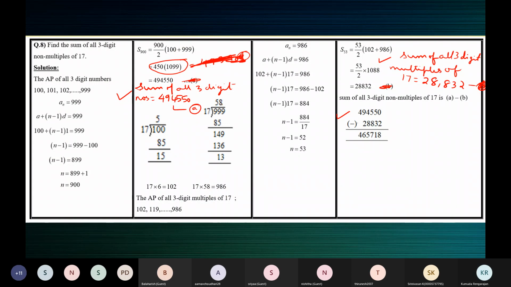Good, Tirunesh. Okay, good, Arnav, Tirunesh and Srinivasan.